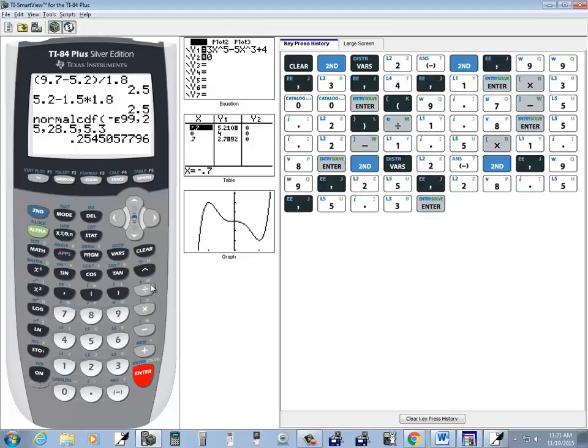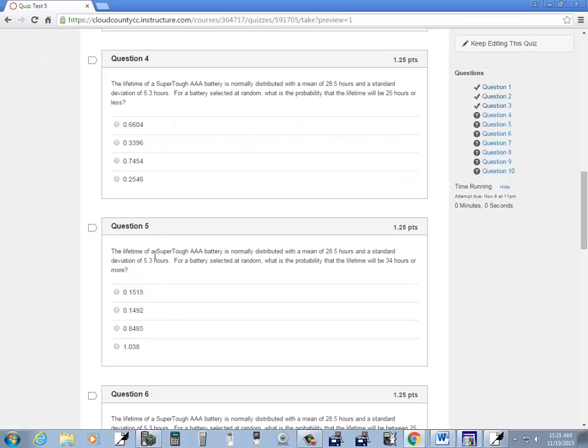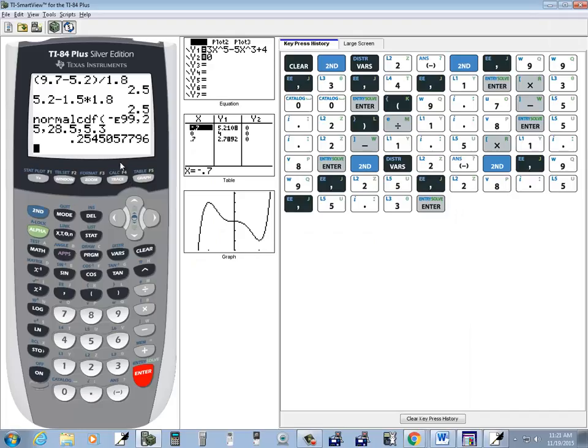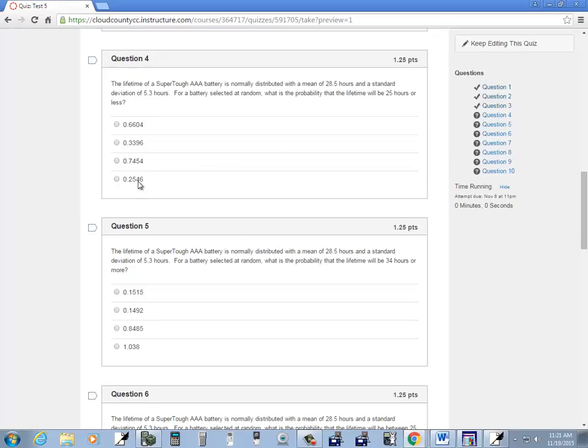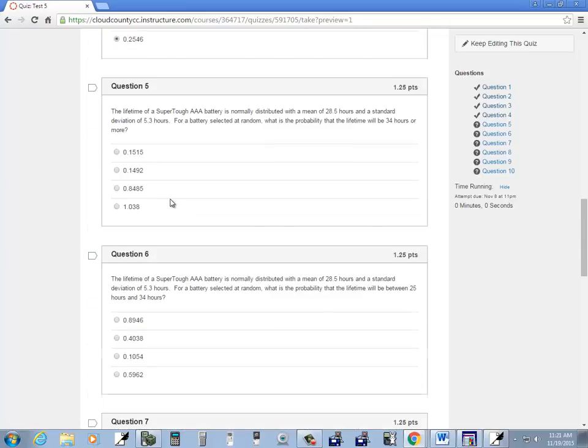And 0.2545, 0.25. It's closest to this. You'll find that if you do these by hand versus on a calculator, you'll have it come out slightly different like that.